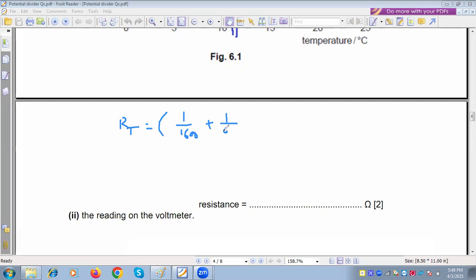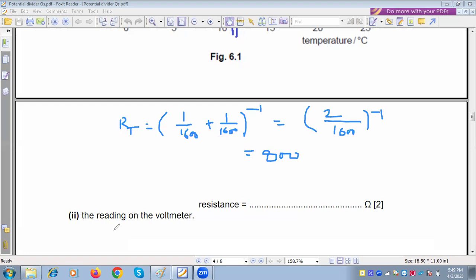You have studied in O levels also, when two identical resistors are in parallel, the resistance will be half. So this will be 2 over 1600, to the power minus 1. So 800 ohm is the combined resistance between A and B.